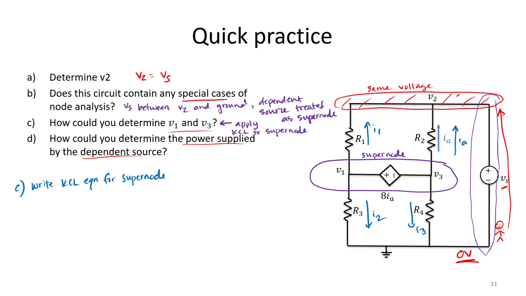In this case, all of my currents are exiting. That's okay. Remember, I had to assume a direction. So it's okay to write it like this. We will probably end up finding that some of these currents are flowing the opposite way, and so we can correct for that later.